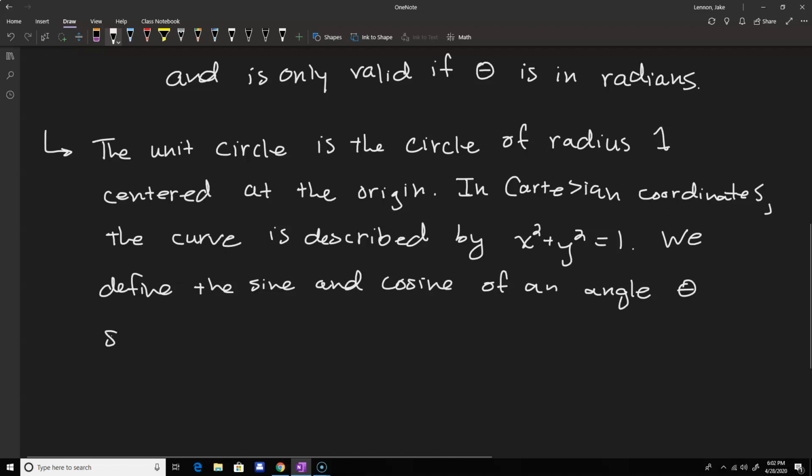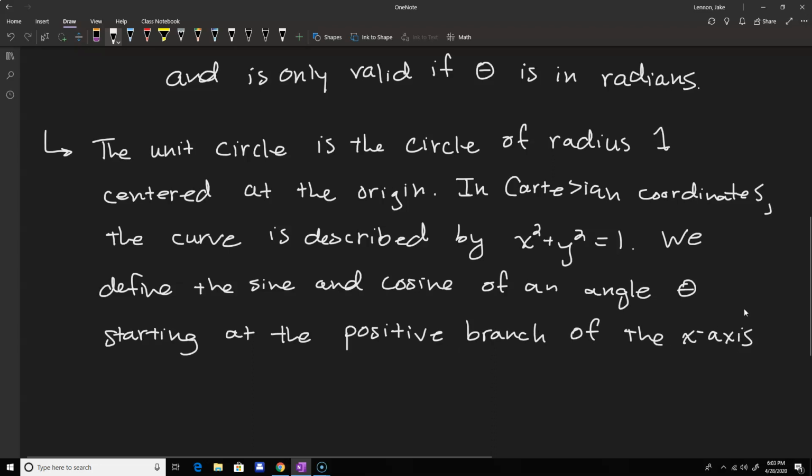So starting at the positive branch of the x-axis, measured counterclockwise, as coordinates on the unit circle that intersect the angle.